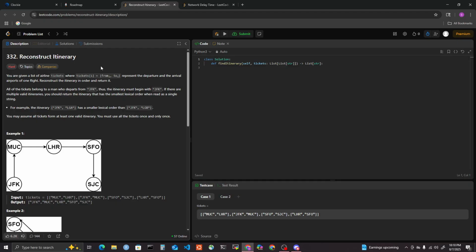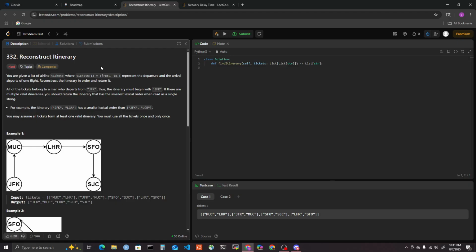You are given a list of airline tickets, where each ticket has a from and a to, representing the departure and the arrival airports of one flight. Reconstruct the itinerary in order and return it. All the tickets belong to a man who departs from JFK. Thus, the itinerary must begin with JFK.